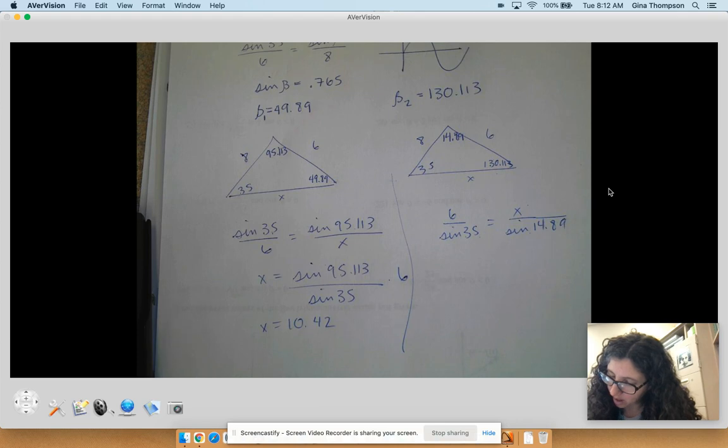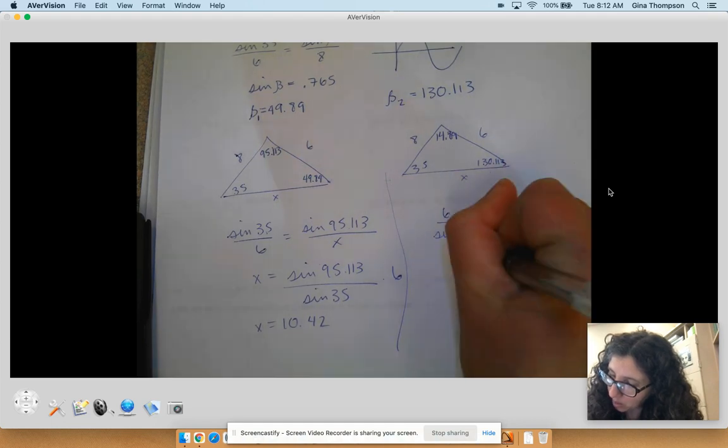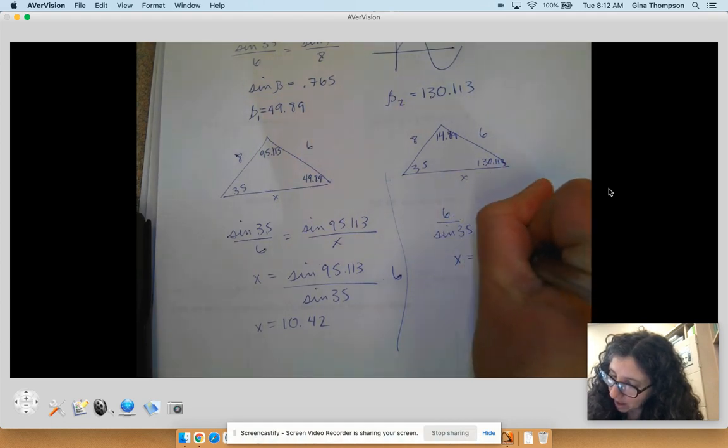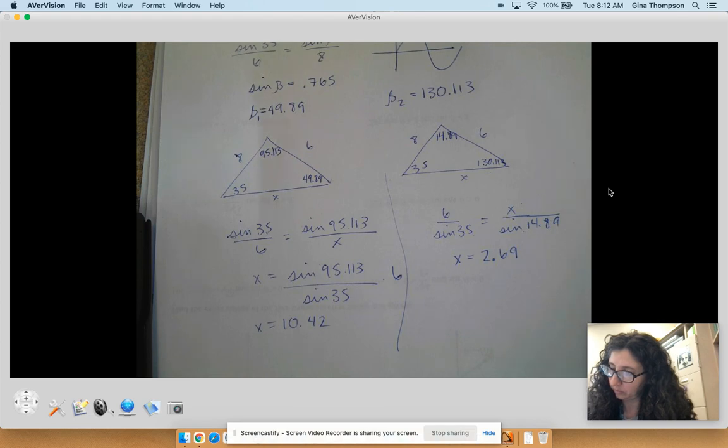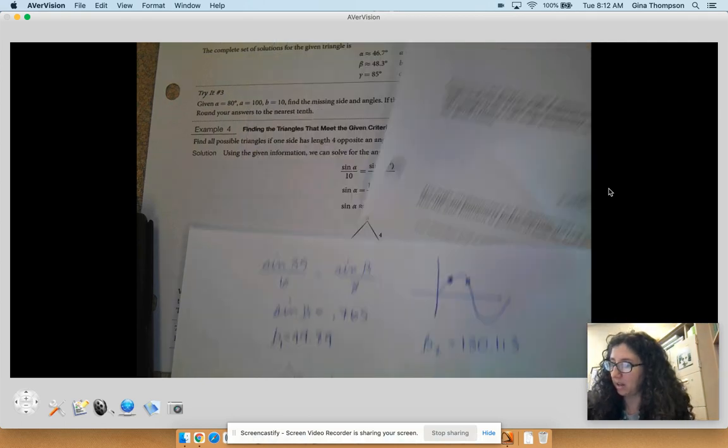So 6 times sine of 14.89 divided by sine of 35. I get that x equals 2.69. And hopefully that matches what they get.